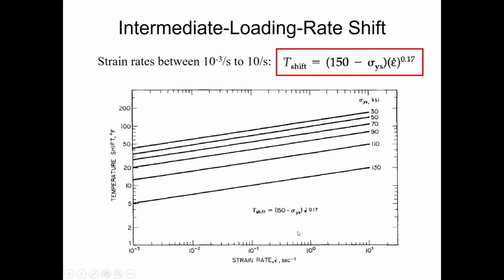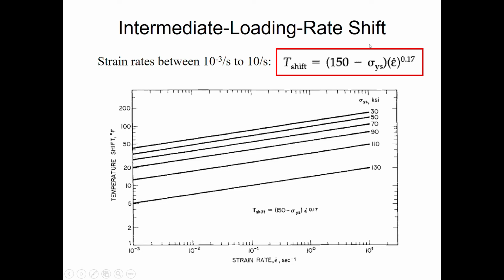Okay, the intermediate loading rate shift. Strain rates between 10 power of negative 3 per second to 10 per second. They give us the relationship of T shift, the temperature shift, equal to 150 minus sigma U strength times strain rate to the power of 0.17.